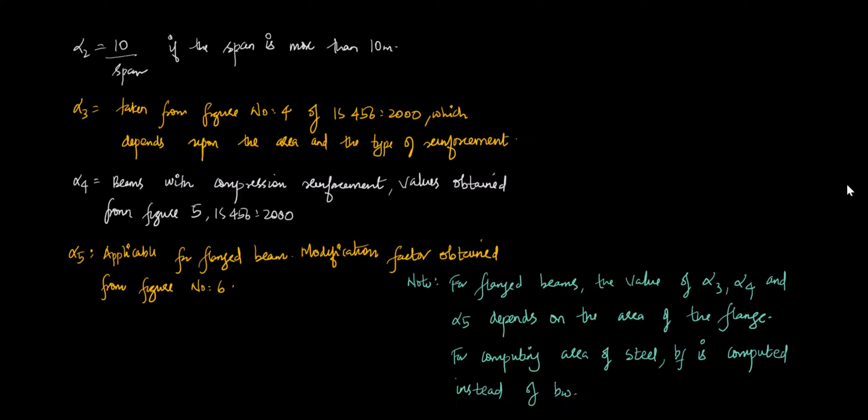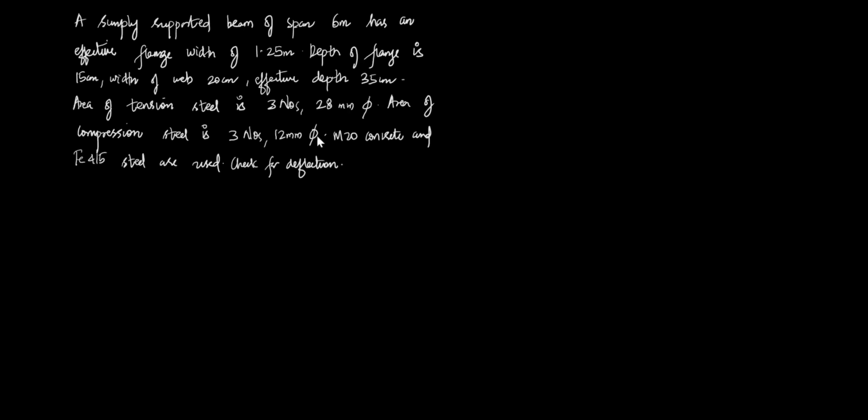Now we will solve a question so that you will easily find how to calculate the approximate control of deflection, whether the beam provided is within the limit of deflection. The question: a simply supported beam of span 6 meter has an effective flange width of 1.25 meter.